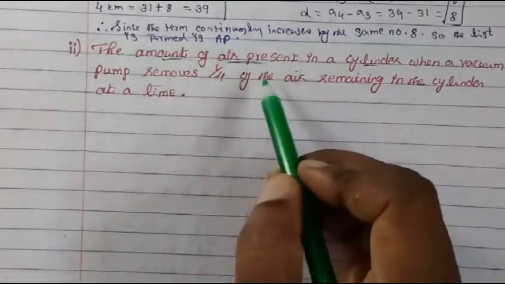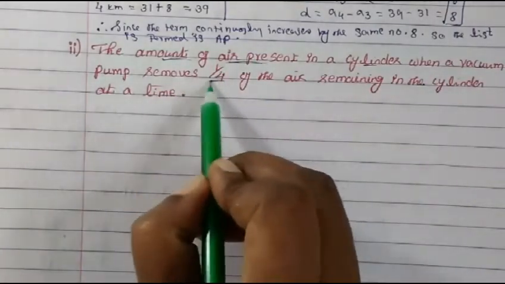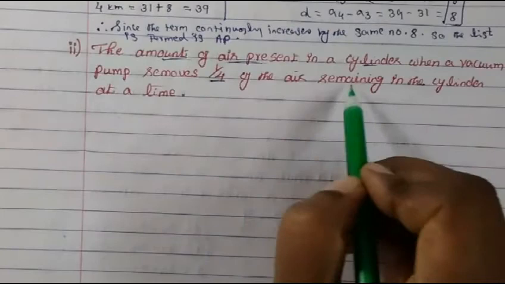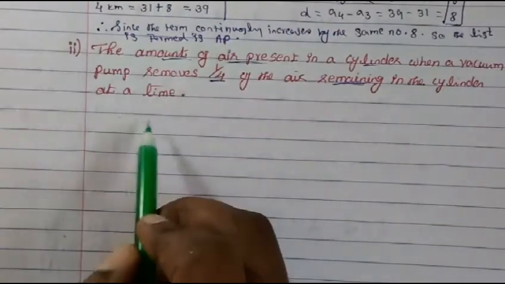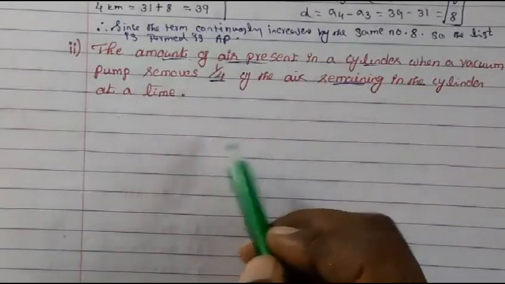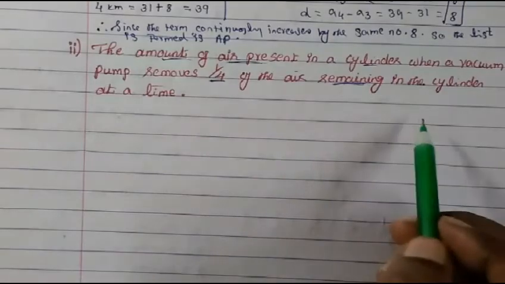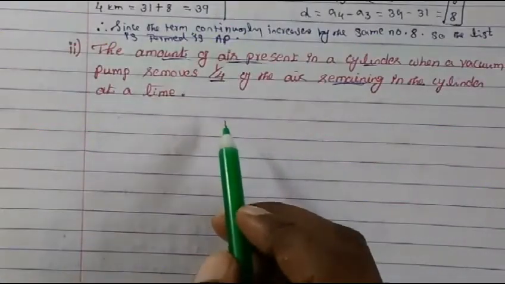So some air is present. Now a vacuum pump removes 1/4 of the air remaining in the cylinder at a time. So 1/4 of the air is pumped out, then next, how much is remaining? From there 1/4 of the air is pumped out. So that's what we have to find out.